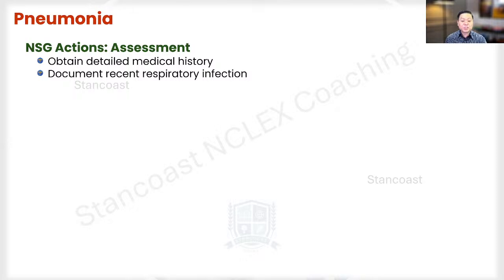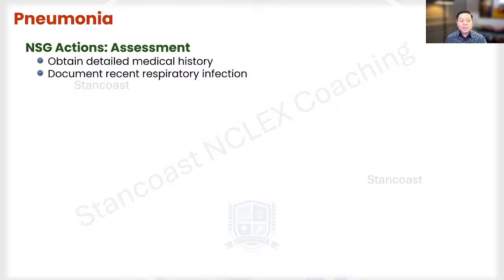Have they been exposed to anyone with a respiratory infection, or maybe have they traveled recently to areas known for specific outbreaks, or have they had some local disease trends? Or let's say exposures. Have they been exposed to any kind of chemicals or animals or environments that may contribute to respiratory issues?